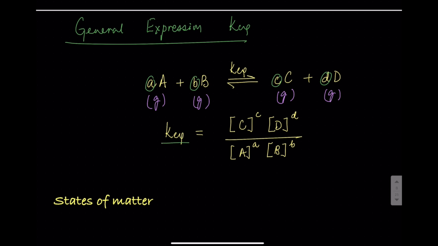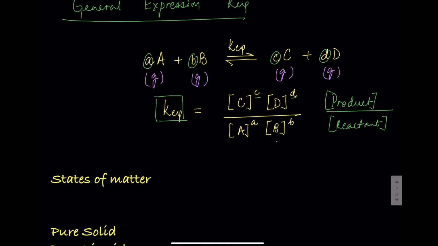If you have to write the KEQ for a reaction like this, each product will be raised to the corresponding coefficient, and the denominator will be the reactants. So it's always going to be the product of the product concentrations over the product of the reactant concentrations, however many we have.